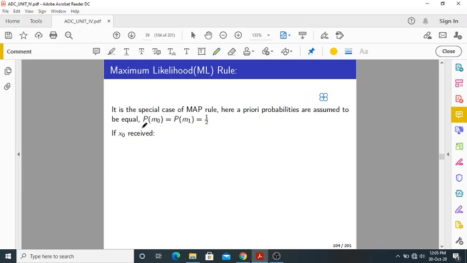Here, what we do is we say that the symbols are equiprobable. What symbols? P of m0 equal to P of m1 equal to 1 by 2. So the transmitted symbols are equiprobable. We are transmitting two symbols, so the probability of each symbol will be 1 by 2. So then what happens?